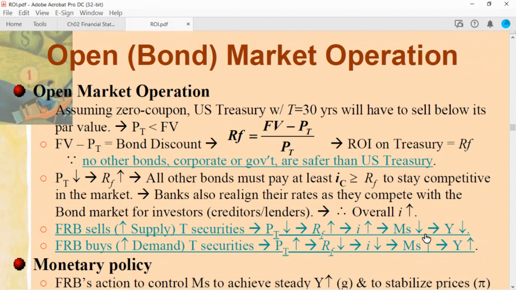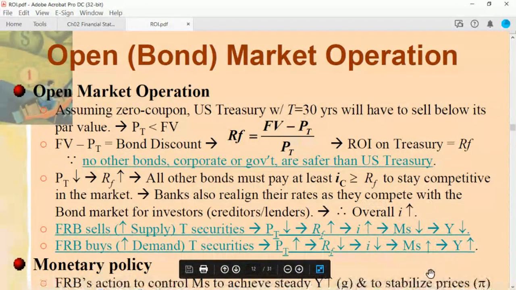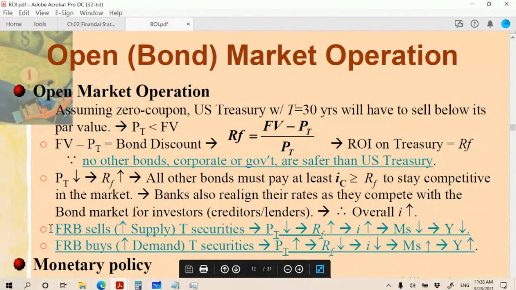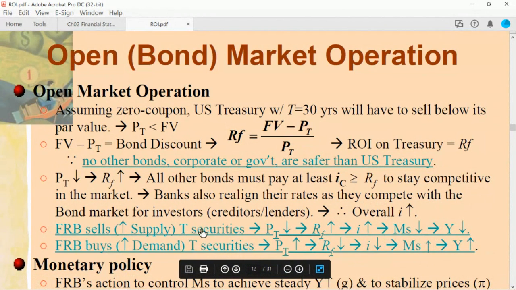And borrowers are the ones who are spreading the money supply throughout the economy. When borrowers reduce borrowing, money supply goes down, and it has a negative feedback effect on the economy, right? So now this picture is complete.